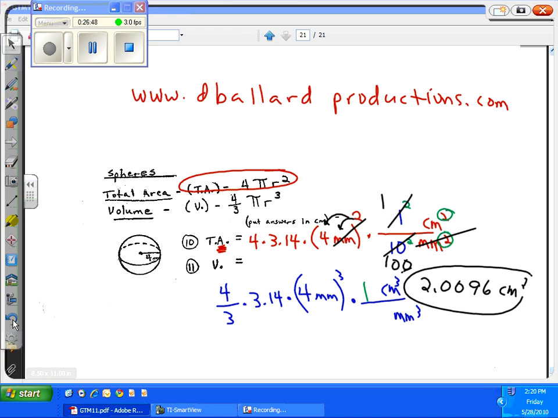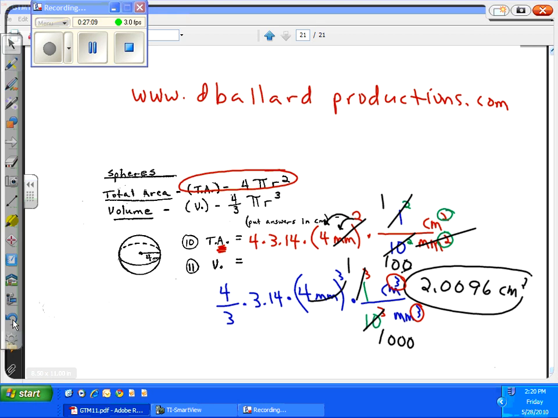The larger is centi, the smaller is milli. 10 milli make a centi, but we're dealing with cubic, so we cube our conversions. So 1 cubed is 1, 10 cubed is 1,000.